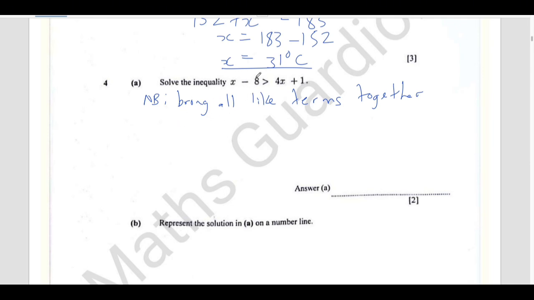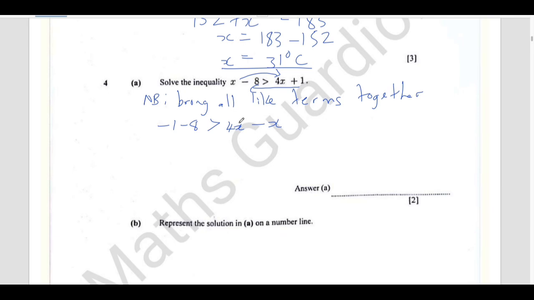Since 4x seems to be greater than x, it's better to bring the terms with x on the right side, and then the terms without x on the left side. If we subtract x from both sides, we're going to have minus 1 minus 8, because we're going to subtract 1 from both sides, is greater than 4x minus x.